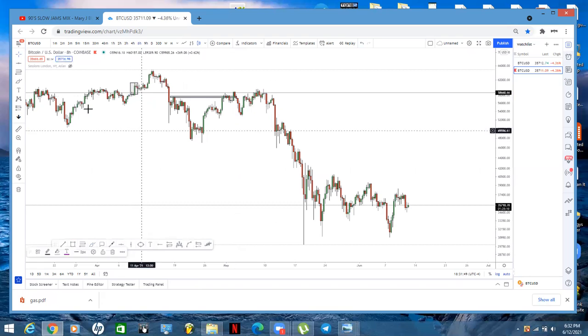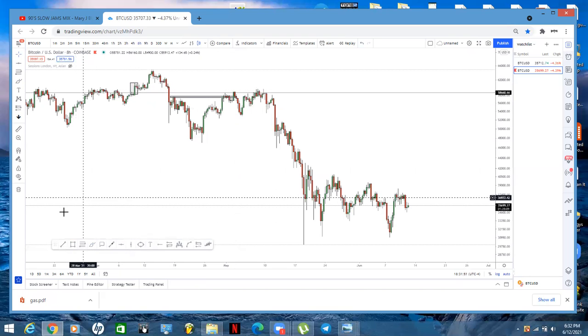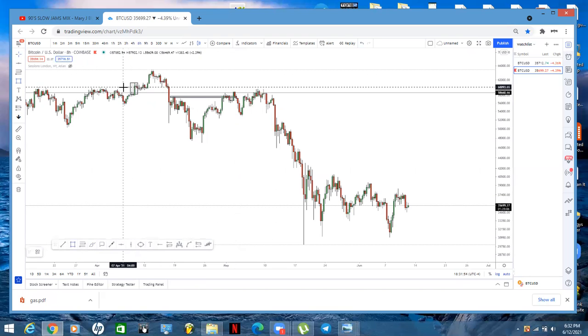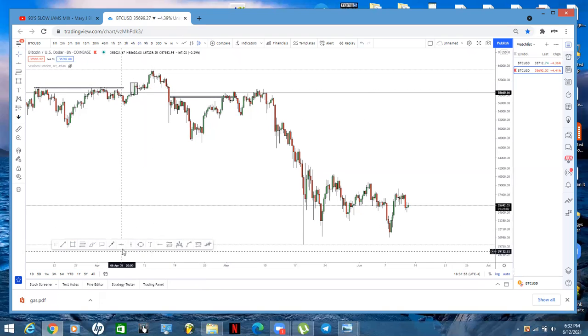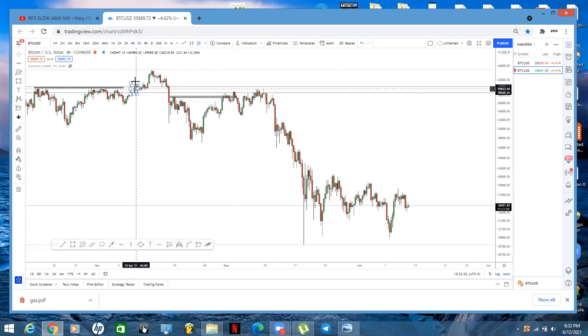This was a bank move, because notice how that move right there closed above these equal highs right here. So when this candle closed above those equal highs, that was the banks taking out these orders. They accumulated a new range right here, and then took out those orders as well. So that was two bank moves right here.